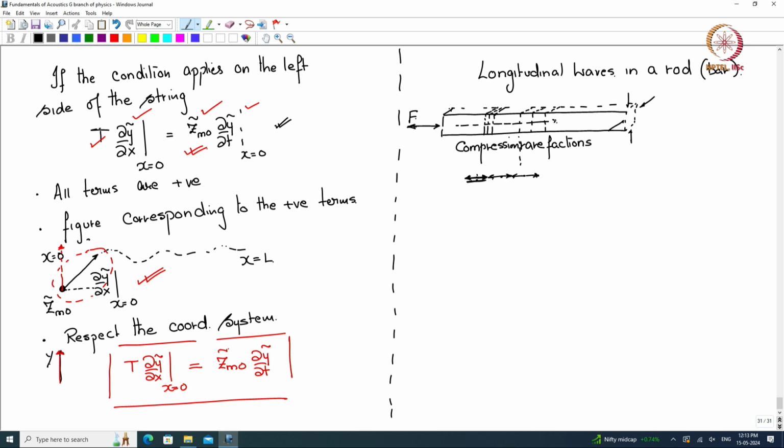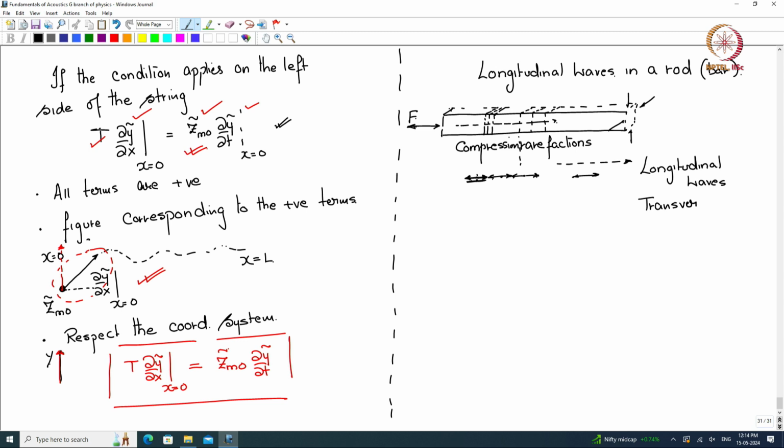Okay. Now, since the wave moves horizontally towards the right, and because the particles oscillate along the direction in which the wave propagates, these are called longitudinal waves, as opposed to transverse waves on the string.